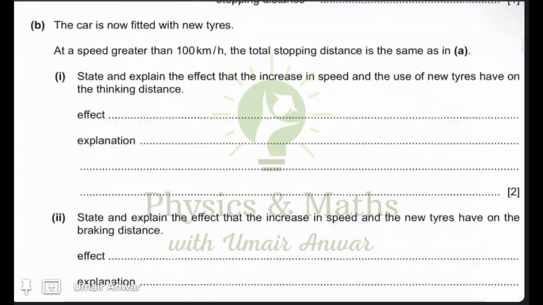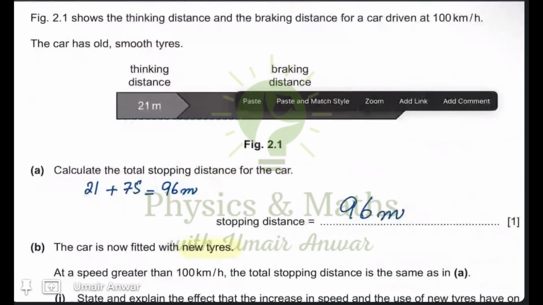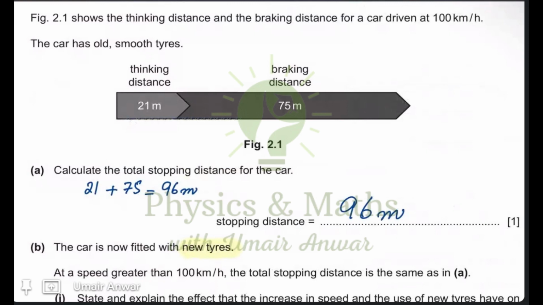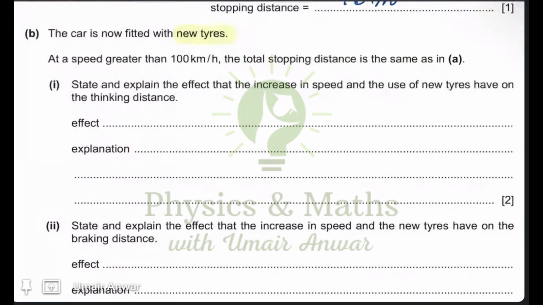The car is now fitted with new tires. So the tires have now been changed. At a speed greater than 100 kilometers per hour, the total stopping distance is the same as in the previous part. Now, here the car was moving at a speed of 100 kilometers per hour, and with the newly fitted tires, at a speed of greater than 100 kilometers per hour, the stopping distance remains the same.